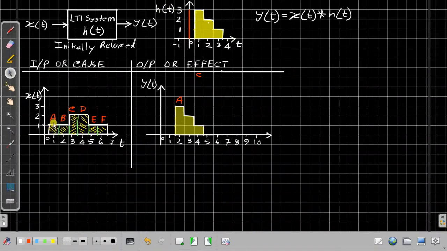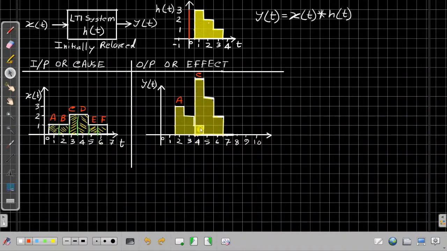So this slice of input occurs at this point, however its effect starts here and completes at this point. Similarly, consider another slice, maybe slice C, and the effect of slice C starts at this point and finishes here.